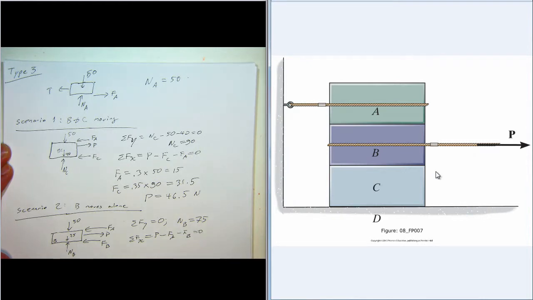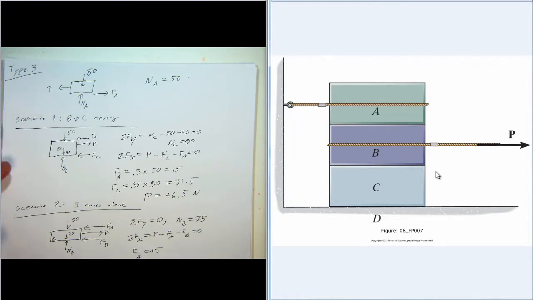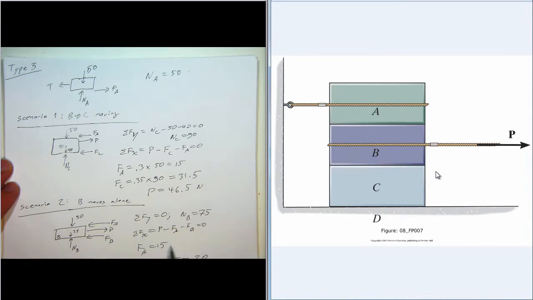And then we use our 2 frictional equations. So we already know that FA is 0.3 times 50, so FA is 15. And FB is 0.4, because that's the coefficient of friction between B and C, 0.4 times NB, which is 75. And so that is 30. So then going back up into this equation, we find that P is equal to 45 newtons.